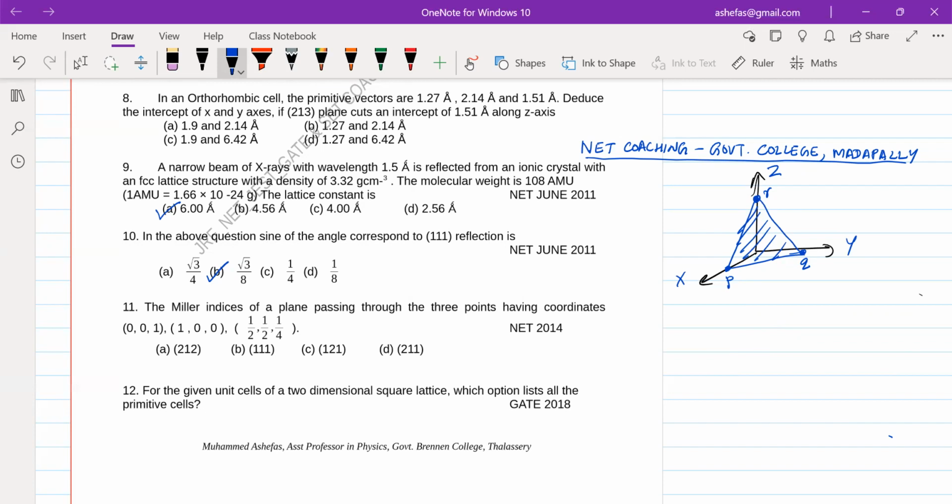Actually, this question directly gives two intercepts. 0, 0, 1 means it has z intercept 1, and 1, 0, 0 means it has x intercept 1. But the information about the y intercept is not given here. So one possibility to find the intercept is to set up the equation. So first set up the equation for this plane.